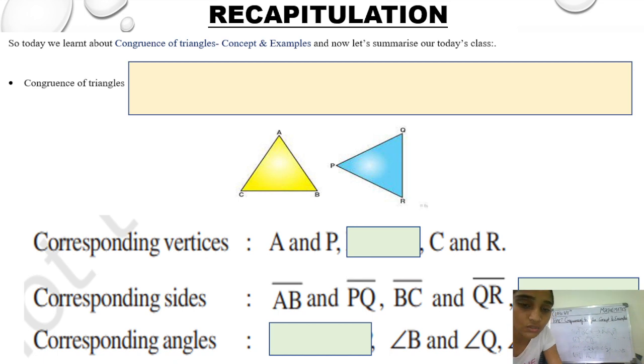Now students, in these two triangles we have to mark the corresponding vertices, corresponding sides, and corresponding angles. So what do you think the corresponding vertices in the blank will come? Very good, it will be A and P, B and Q. Very good. And the corresponding side which is left? Yes, over here it will come.